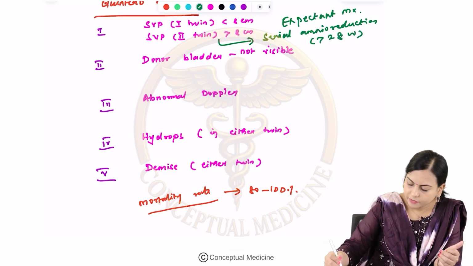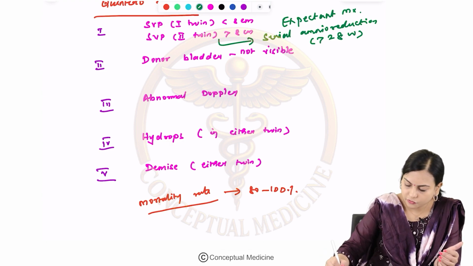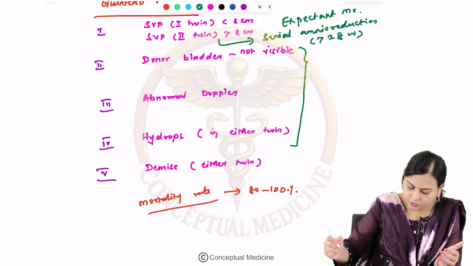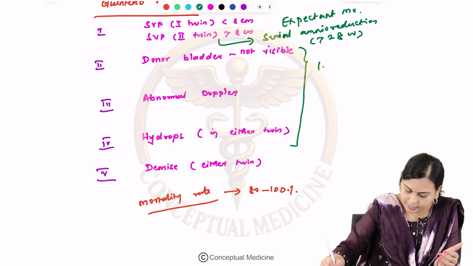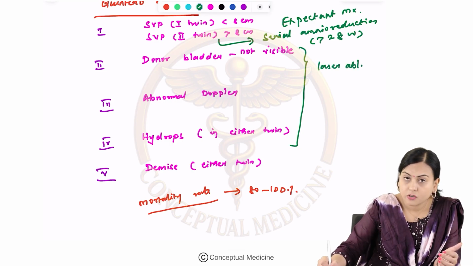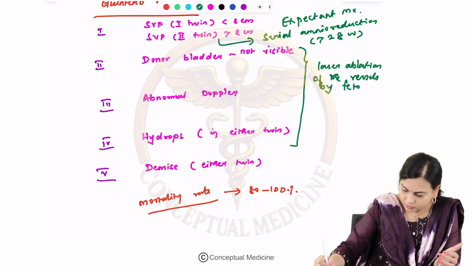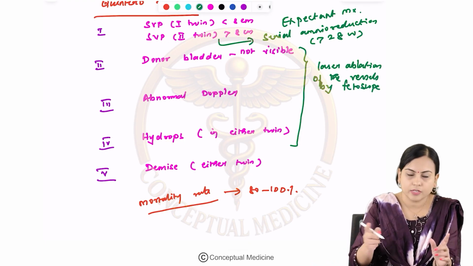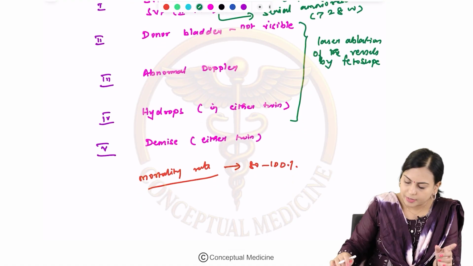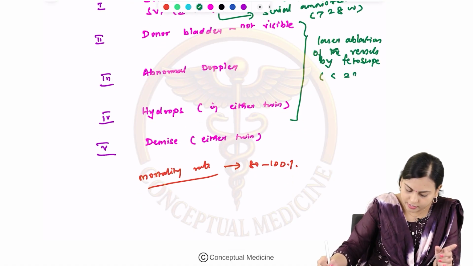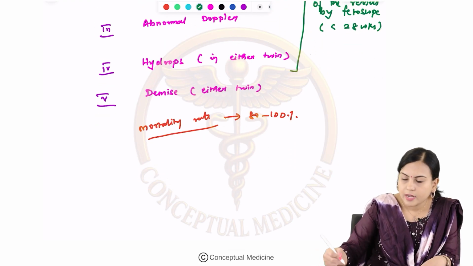And if it is discovered in stage 2 to 4, you can do laser ablation of the vessels by fetoscope, because the vessels are communicating. So that communication has to be ablated, and this can be done if it is less than 28 weeks. And anytime after this, you can plan delivery between 34 to 36 weeks after giving steroids.